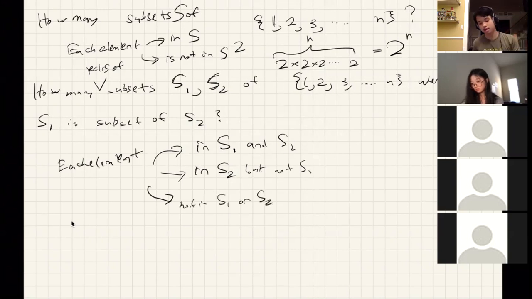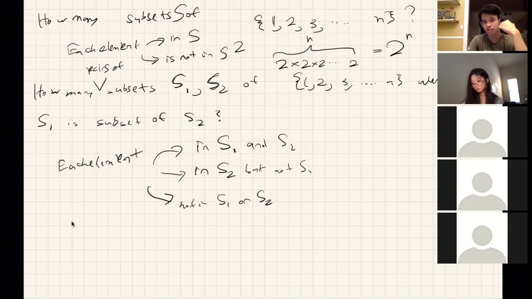This is the idea, right? So there's only 3 possibilities. The reason why we do this is that it allows us to deal with the condition that S1 is a subset of S2 very easily. Oh, why not 4? Yeah, the case we're missing is in S1 but not in S2.